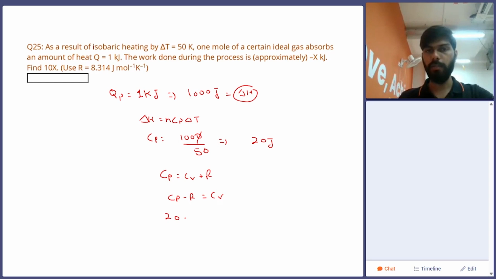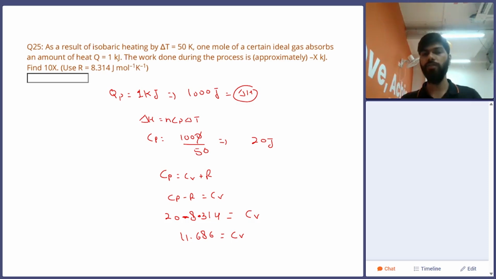So 20 minus 8.314 for Cv. Now when we do this, 20 minus 8.314, it will become 11.686, which is your Cv. Okay, now you got Cv.